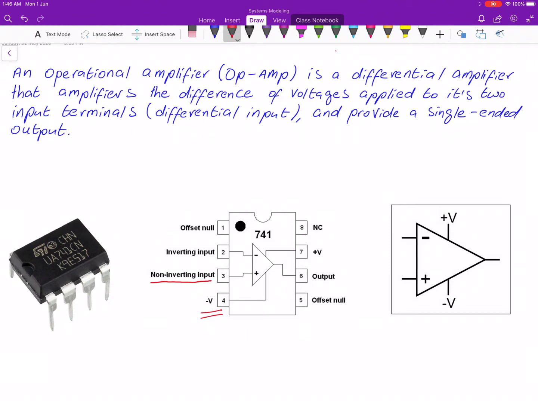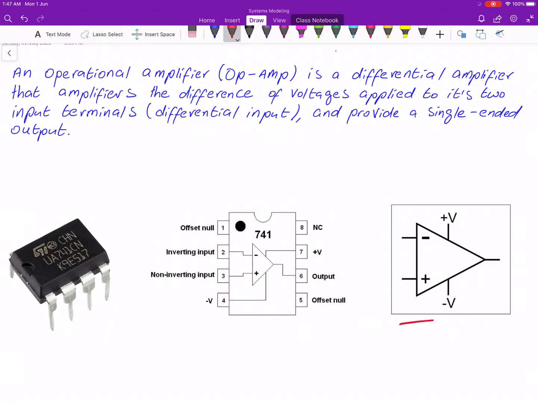That's the negative part of your power supply, because this amplifier needs to be powered up. So you power it up between pin 4 and pin 7. Pin 8 is not connected. Pin 6 is the output of your signal. So you have your two inputs, which are pin 2 and pin 3, and your output will be pin 6.